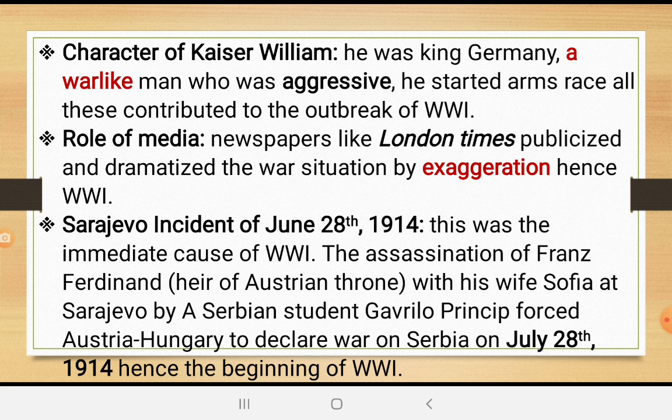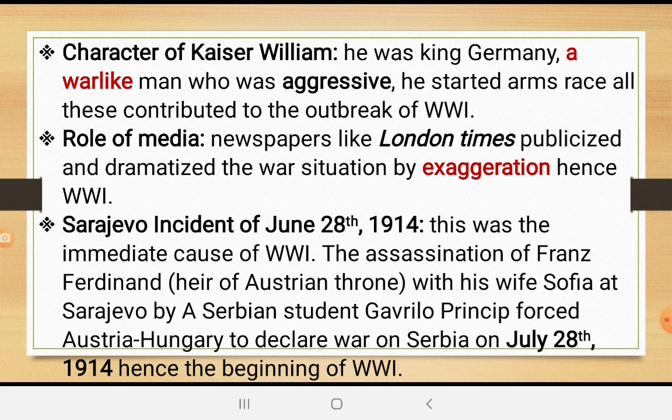The arms race started from Germany by this man, Kaiser Wilhelm. And all this contributed to the outbreak of First World War. And remember, he is the one who pushed Austria to attack Serbia, and it marked the beginning of First World War.